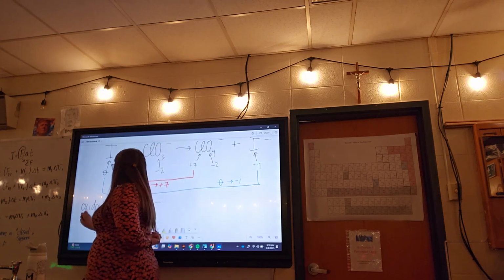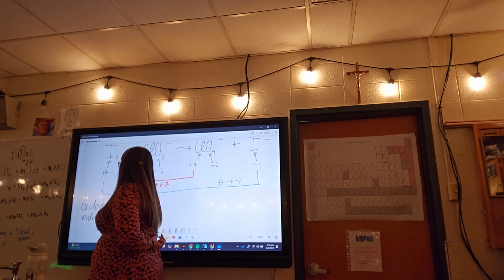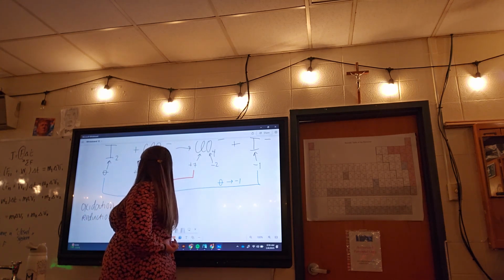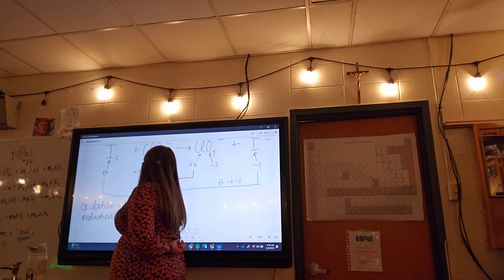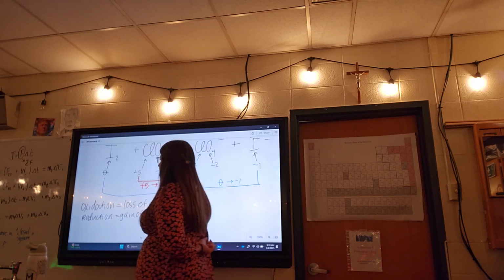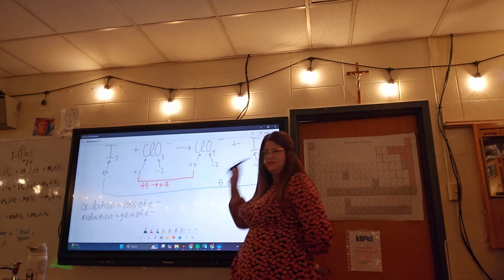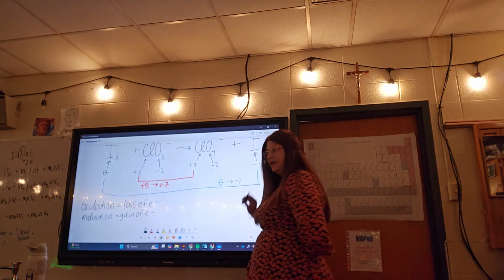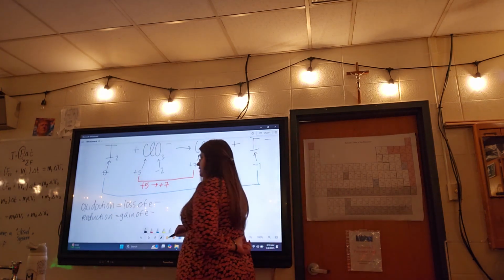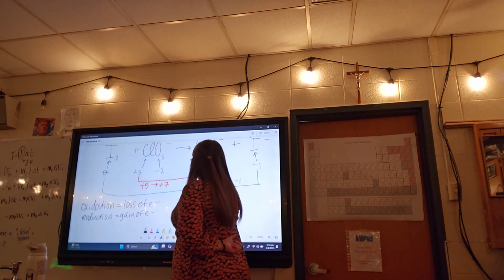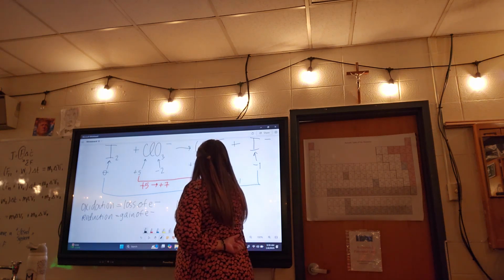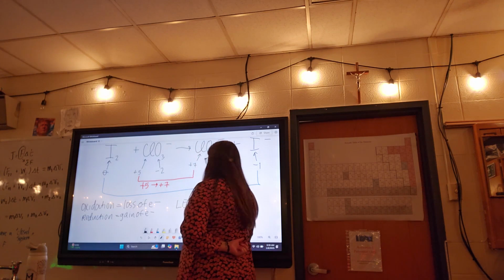And reduction is gain of electrons. There is a really nice little mnemonic device. Do you know what that is? It's like a little memory trick to help you to remember these things. It's as cringy as you can imagine, but it's effective.